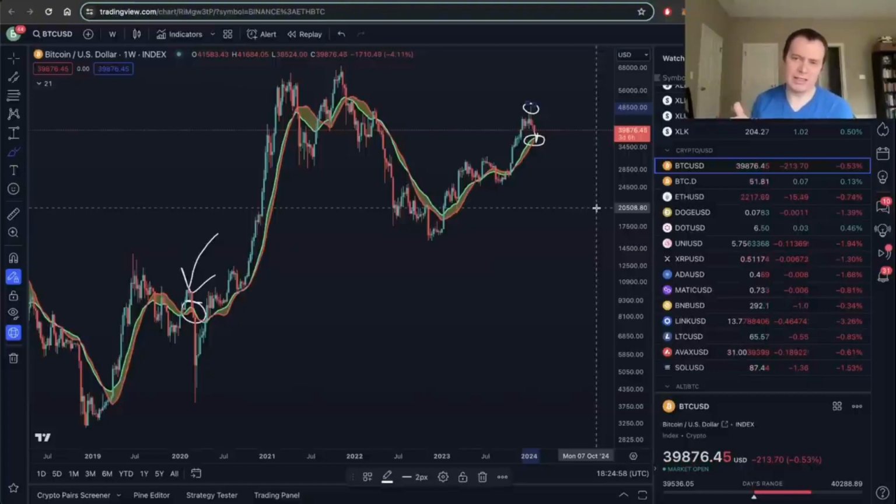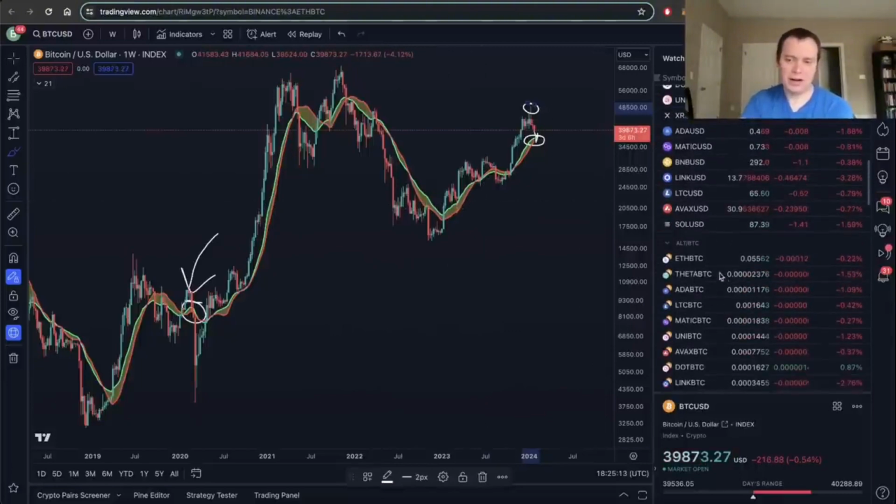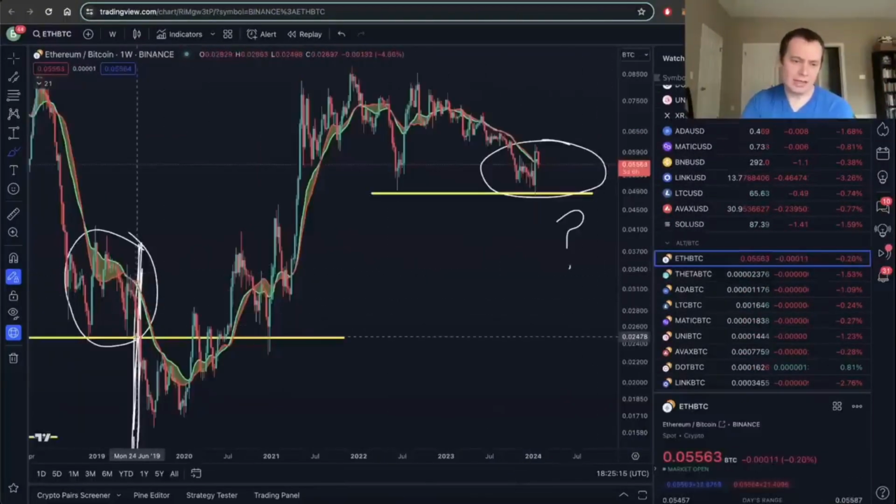So as long as the Fed keeps pushing out when the first rate cut is, then it sort of implies that the Fed's not too concerned about the market or the economy. But once rate cuts arrive, that's where Ether Bitcoin, at least last cycle, broke down.